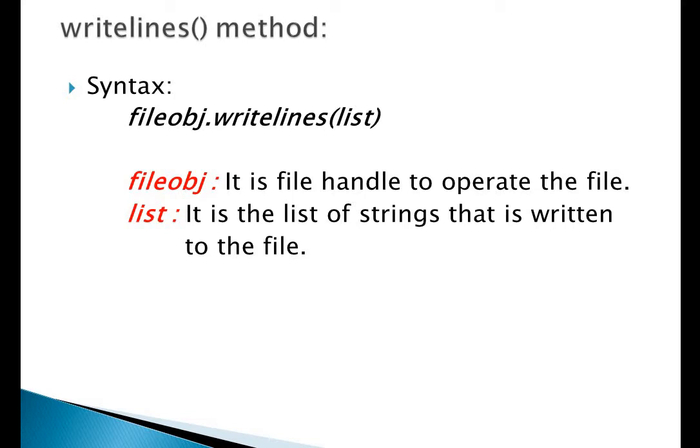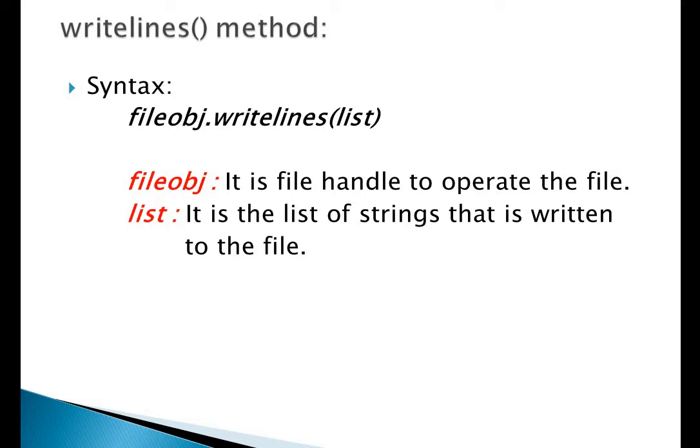Again, the difference between write and writelines. Write method writes one string object at a time to the file, while writelines writes multiple string objects. These string objects are members of list object.